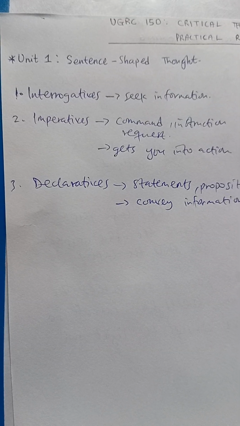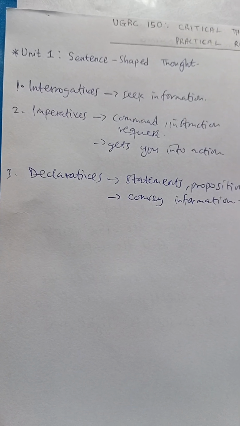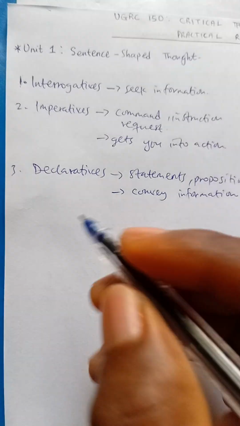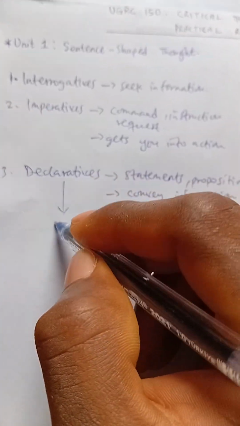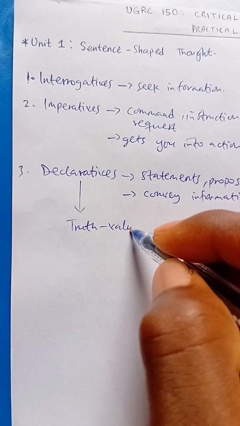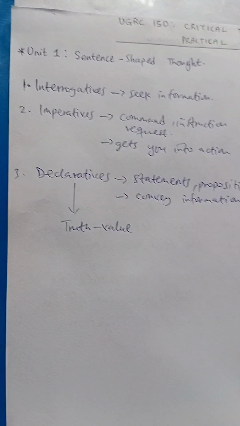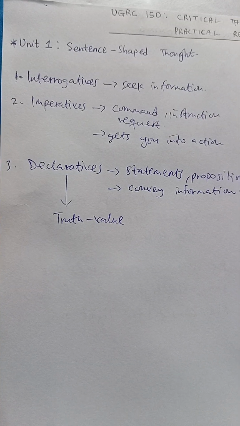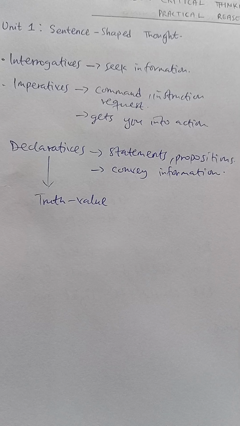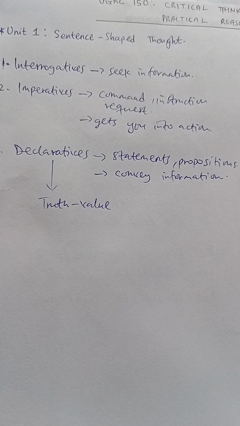Now there's one thing we must know. Among all these three, only declaratives have truth value, which means it can either be true or false. So I can give you a true statement or a false statement.